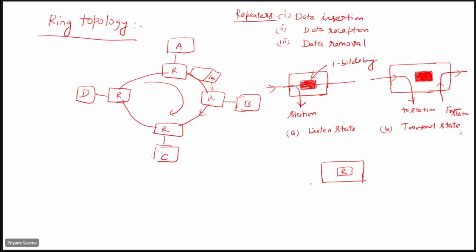So in that case, the repeater can act in the bypass state, where it will simply bypass and not take part. Otherwise, if it goes through the repeater, it will again introduce a 1-bit delay. This is called the bypass state.